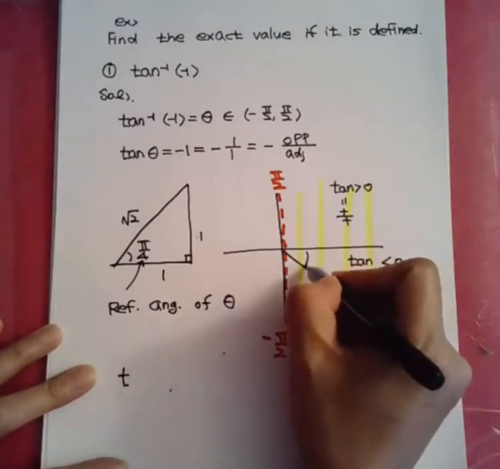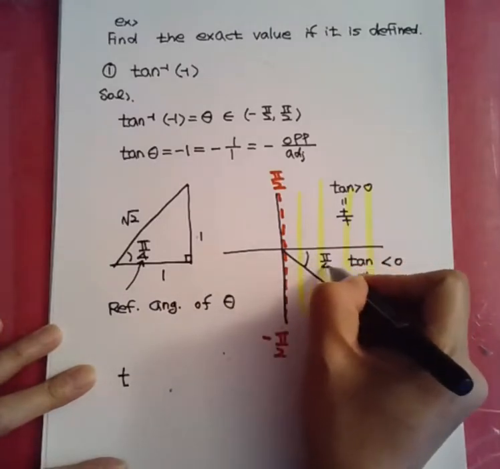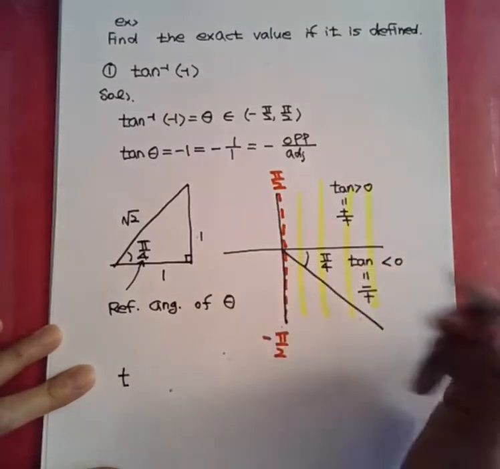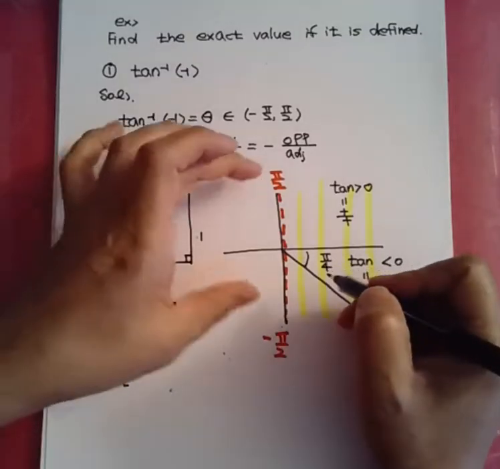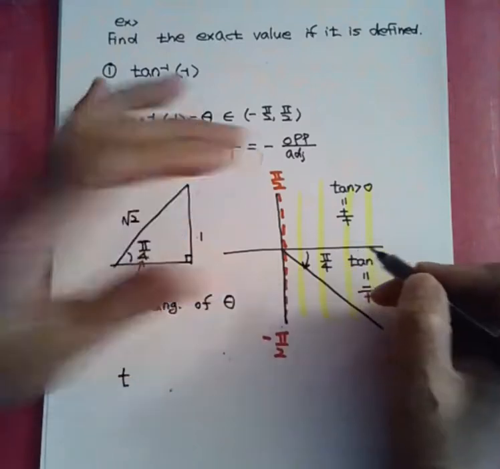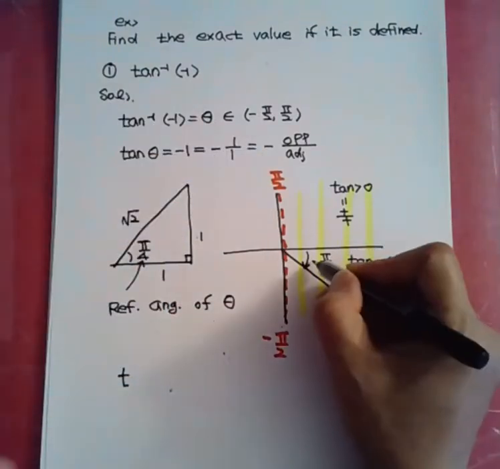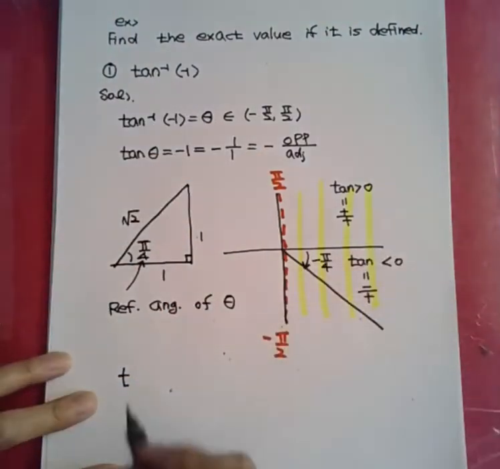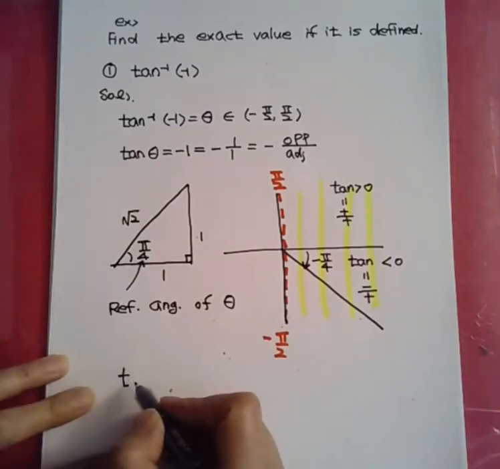So this angle is pi over 4, but that angle should range between minus pi over 2 and pi over 2. So the actual angle is minus pi over 4.